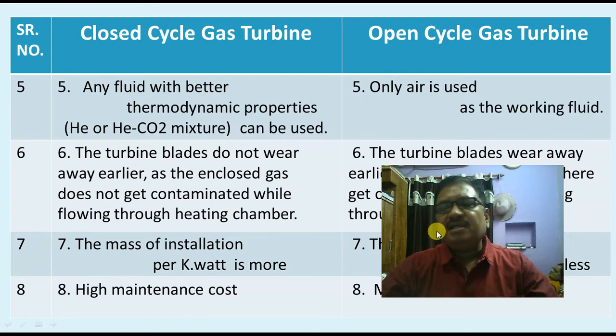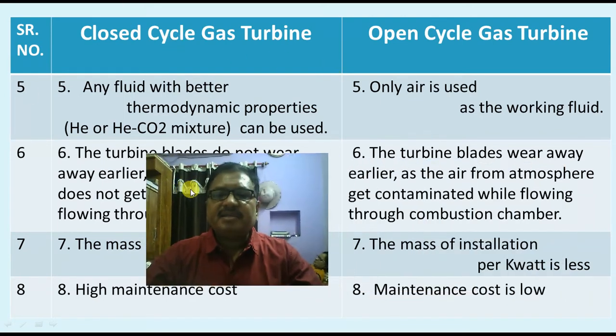Before compression itself the pressure is higher, right? And since the system has to withstand the higher pressures and higher temperatures, the material should be stronger, and the stronger material is heavier, and therefore the mass of the material and mass of the system is more in case of the closed cycle gas turbine.